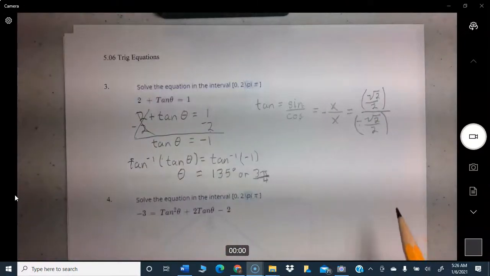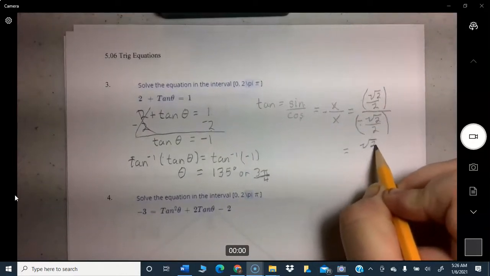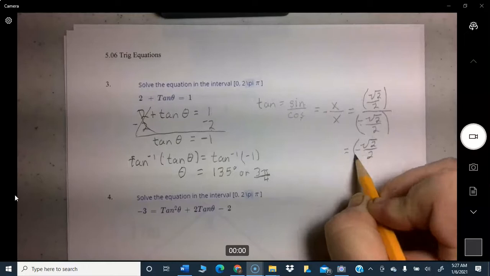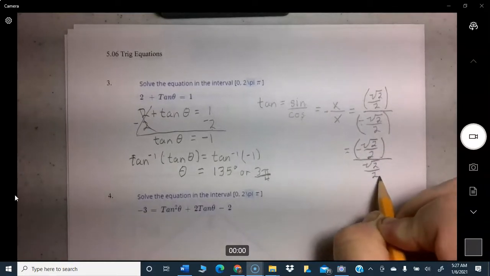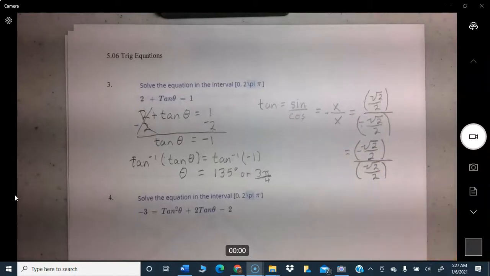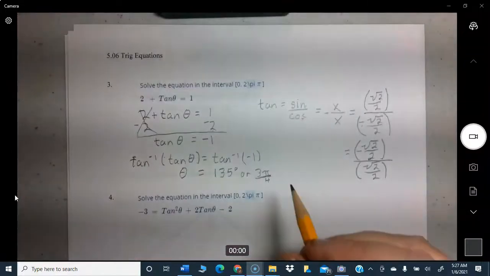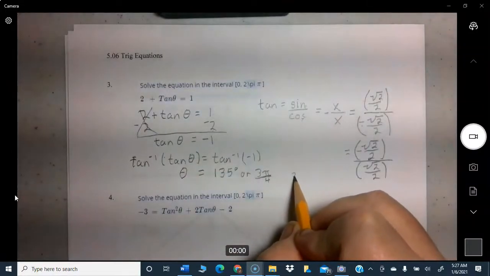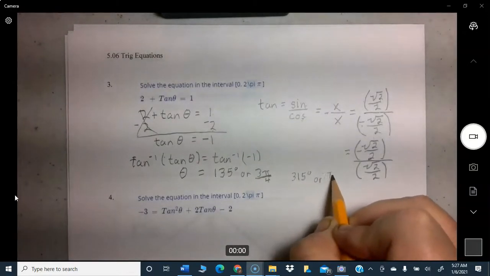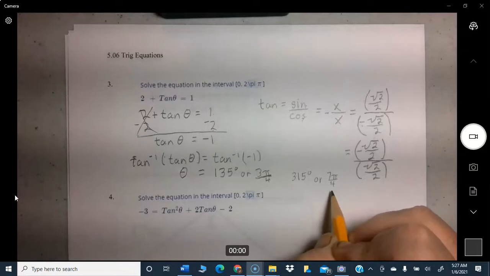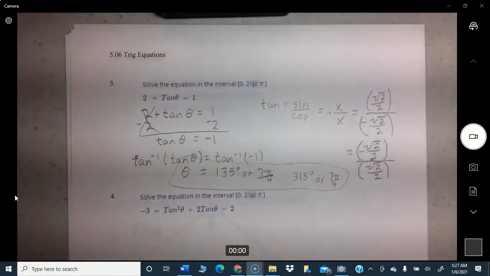Okay, so the other place would be here at 315 degrees, or 7 pi over 4. And there are both of the possible answers for that problem.